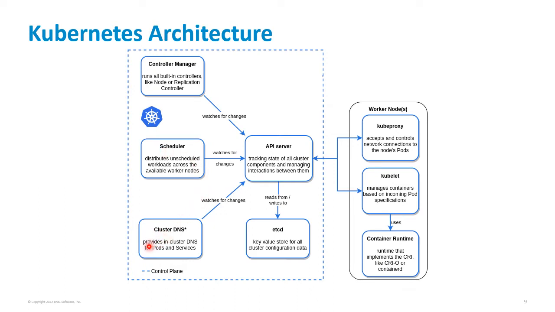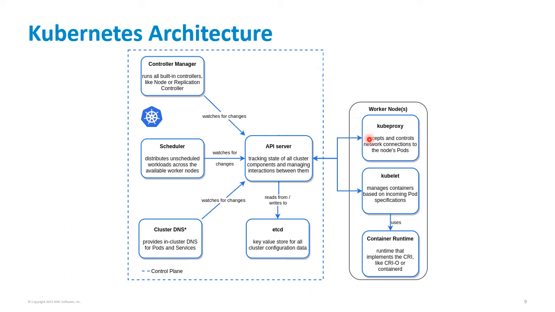Cluster DNS provides in-cluster DNS for pods and services. etcd stores the information in a key value database for all the cluster configuration data. And the controller manager runs all the built-in controllers like node and replication controllers.